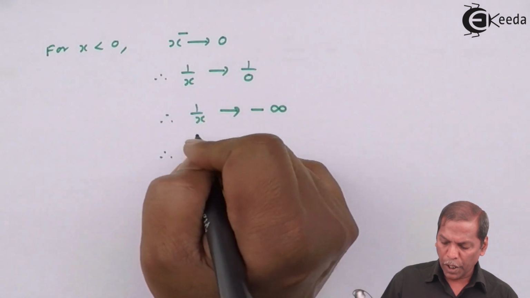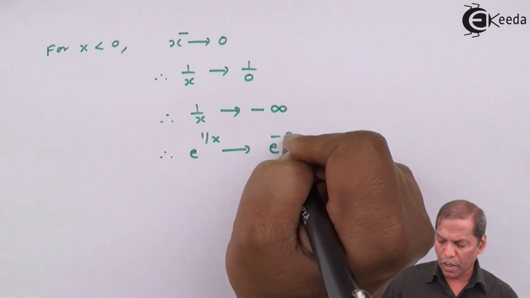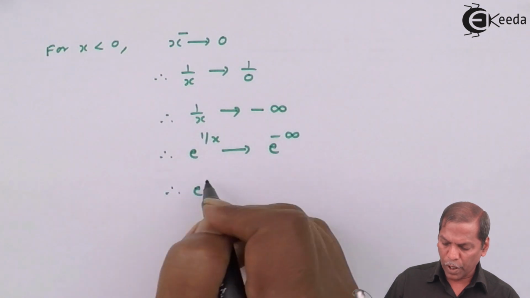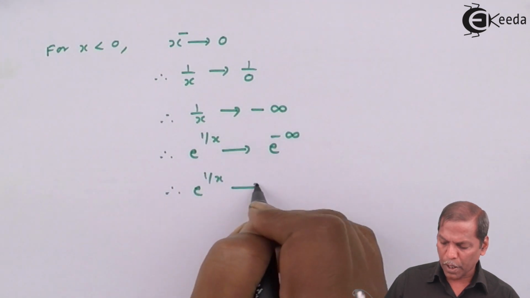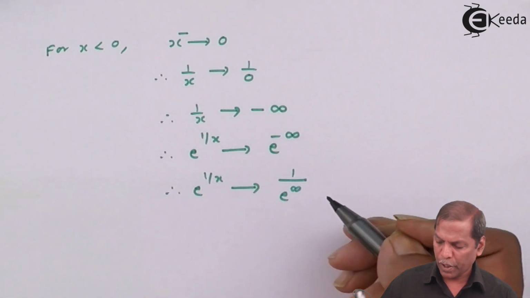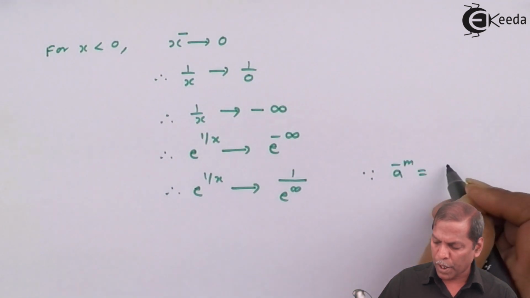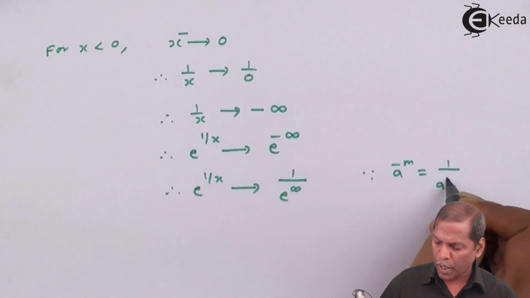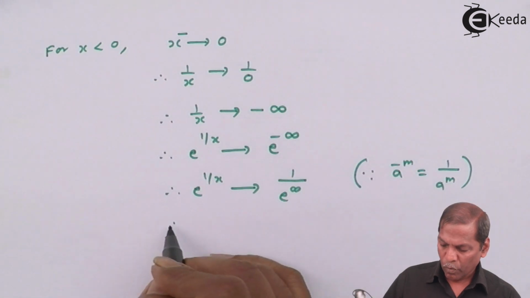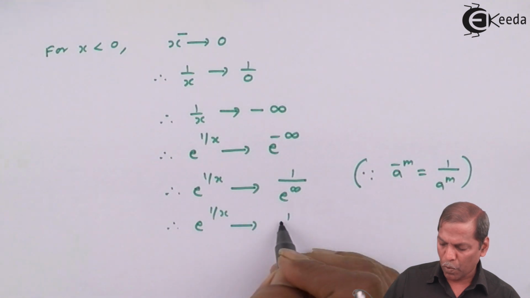Therefore, e raised 1 upon x tends to e raised minus infinity, and therefore e raised 1 upon x tends to 1 upon e raised plus infinity. Here we use the indices rule that a raised minus n can be written as 1 upon a raised n.